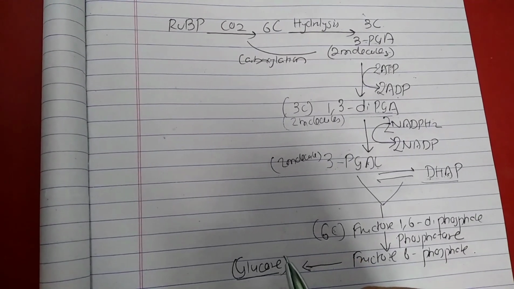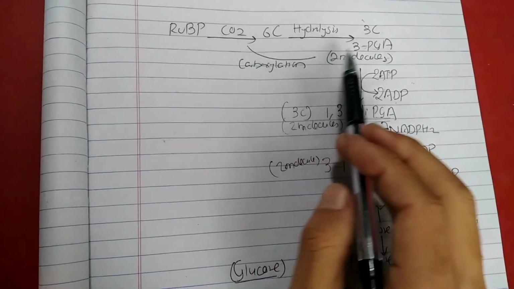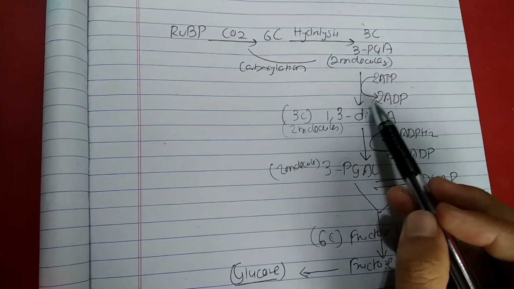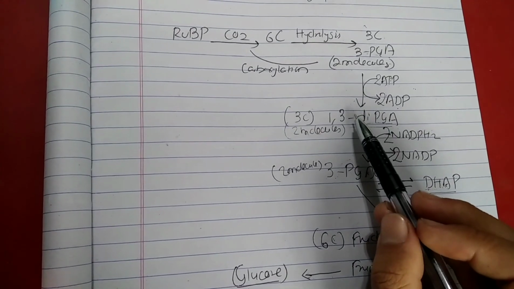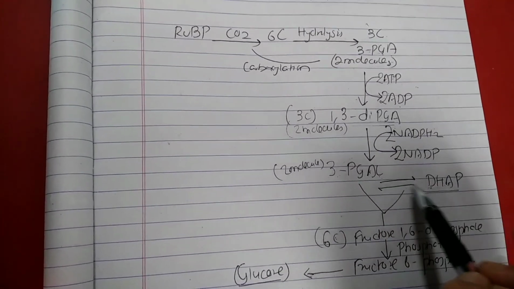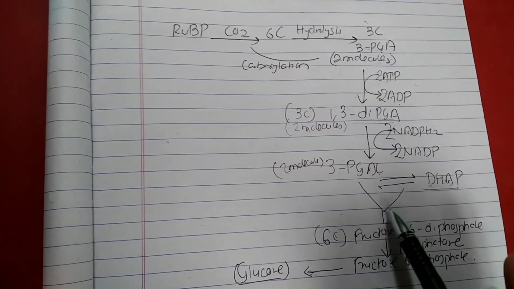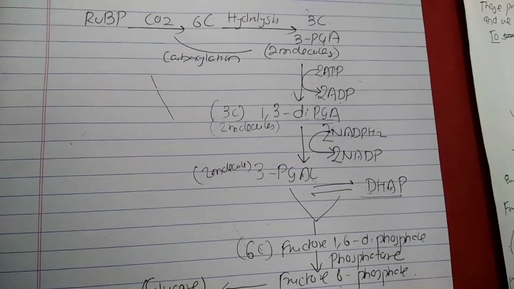Up to here you see, first is the carboxylation, adding of carbon dioxide, giving phosphoglyceric acid, the first stable compound. It undergoes phosphorylation to give diphosphoglyceric acid, undergoes reduction to give phosphoglyceraldehyde, isomerizes to give ketone, and now they combine to give fructose 1,6-diphosphate, which in turn gives glucose.